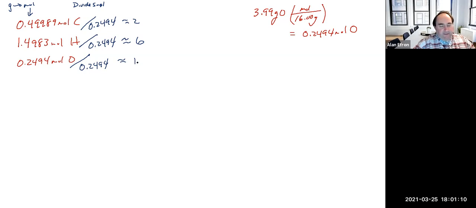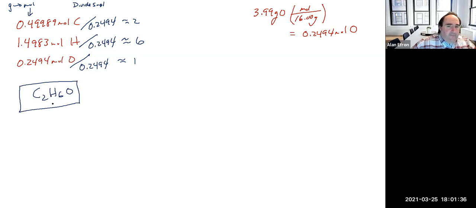By dividing by the smallest number of moles, we hit pretty much whole numbers there. We got all whole numbers, so that would give us our empirical formula of C2H6O.